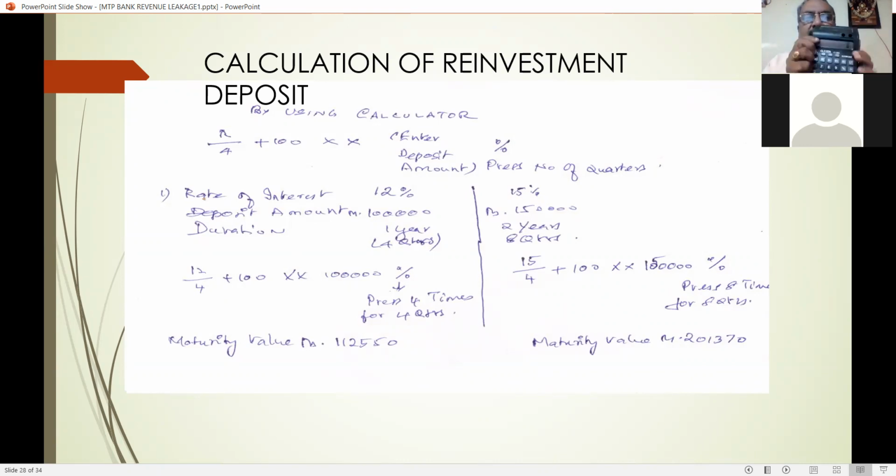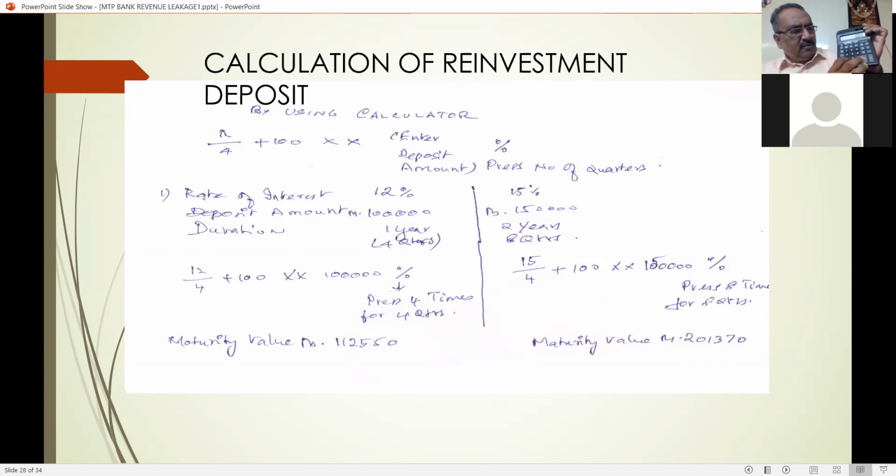So I'll tell you here, the rate is 12, just plus 12 divided by 4 plus 100 for constant, 2 times plus X. Then the deposit is say 1 lakh.